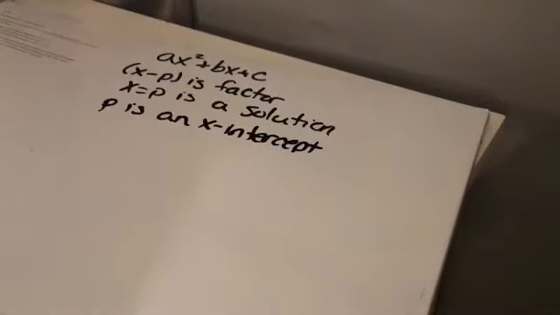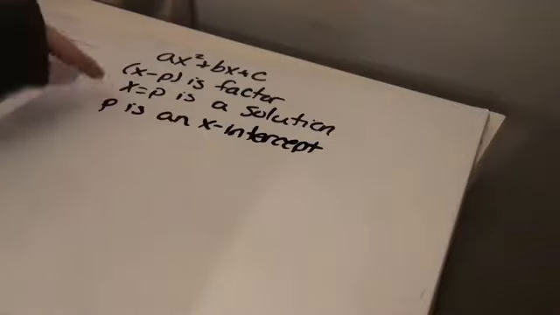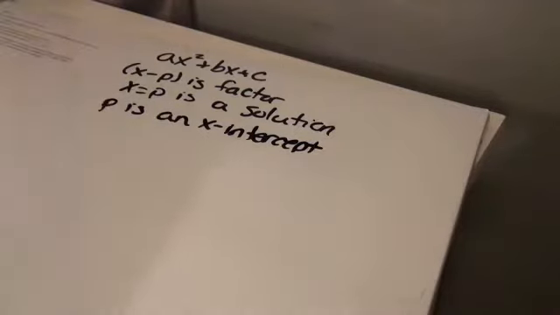Okay, so if it's in factored form and you've solved for it, you've found an x-intercept, or a place where the graph is going to cross the x-axis. Okay, so it's going to help us to sketch the graph.